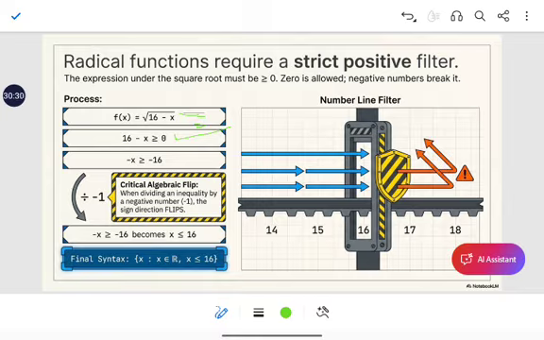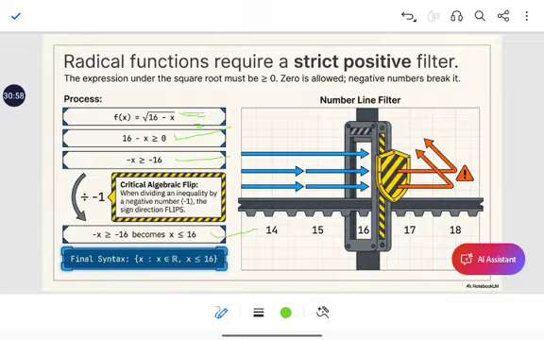And you make x the subject. You see that x is equal to 16. So if you put 16 here, we are saying that x must be less or equal to 16. Because if I put 16 here, I'll get 0, which is defined.